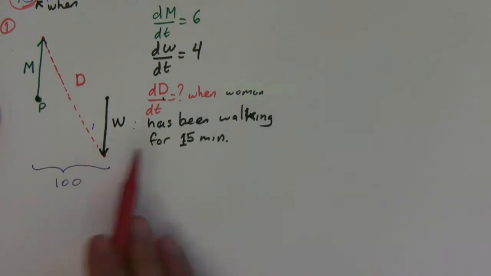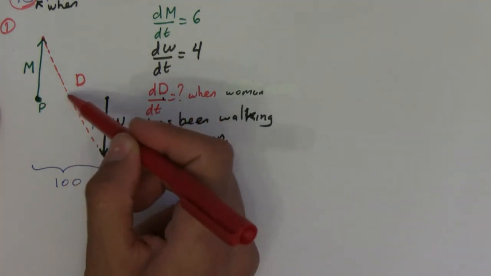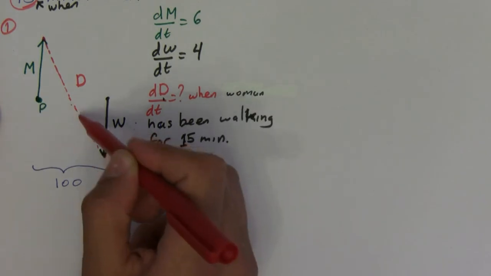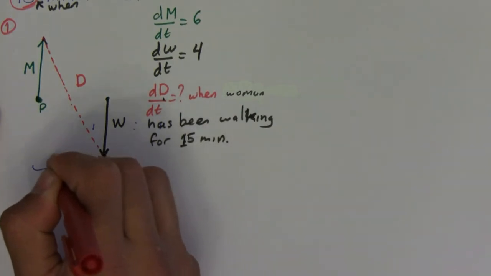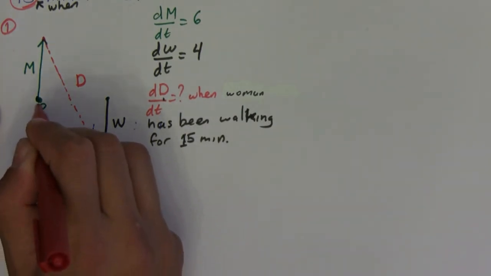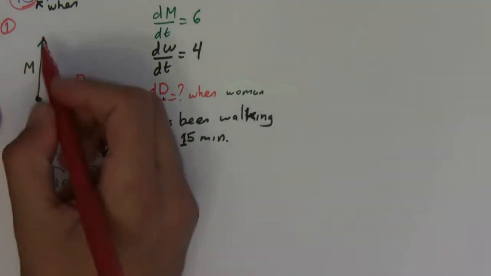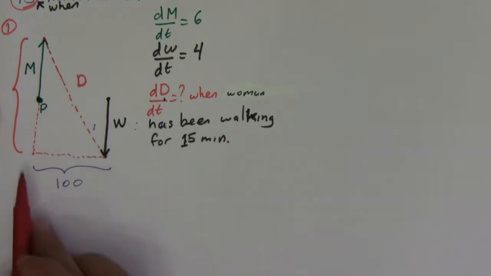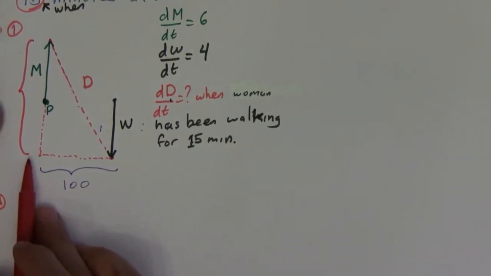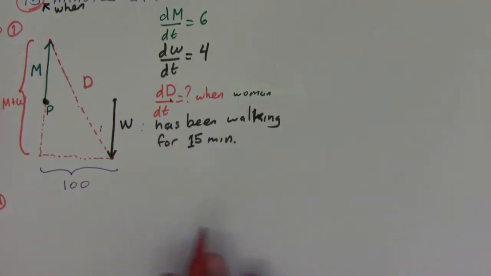So here, notice that you can look at this as two triangles if you want, but it's probably better to look at it as one big triangle, where the horizontal distance is always 100, and the height of this triangle is going to be M plus W, the distance the man has walked plus the distance the woman has walked.